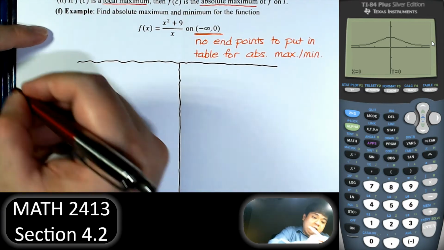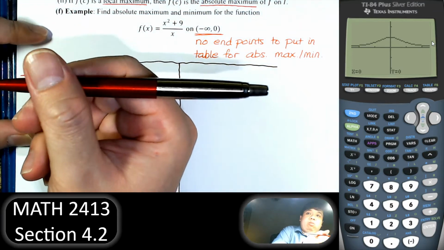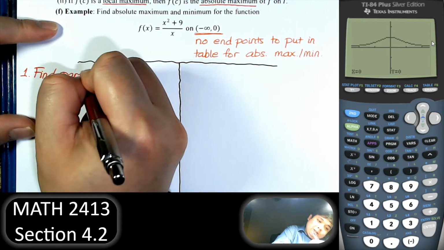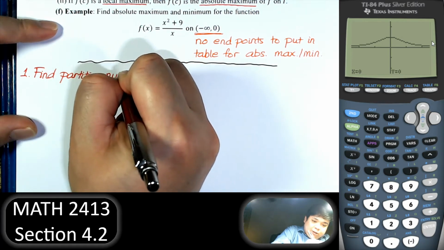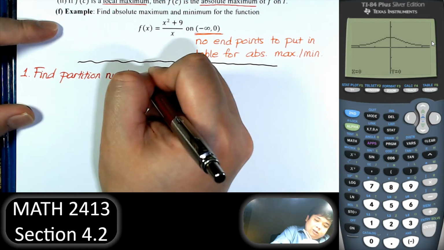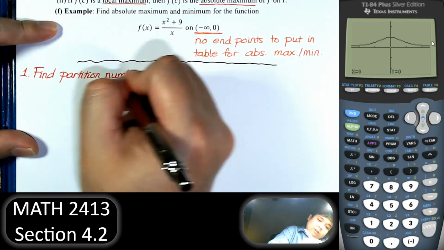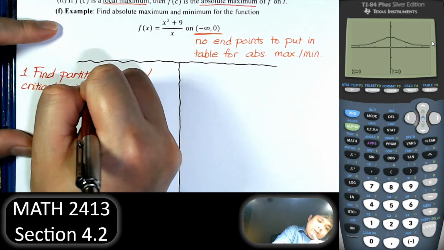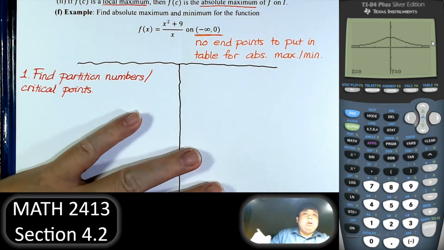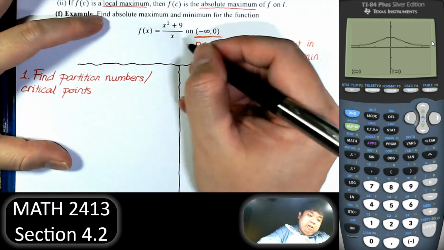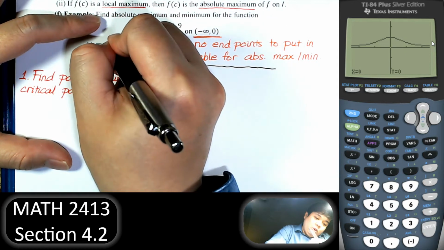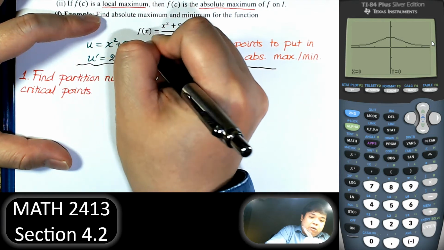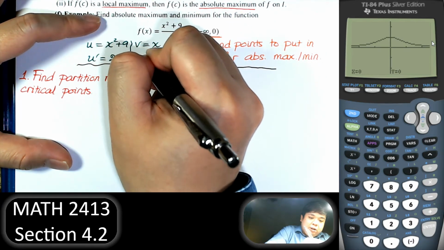First step, of course, is find partition numbers or critical points. Because we still take the derivative at the first step. Right, u is equal to x squared plus 9. Derivative is 2x. v is x. Derivative is 1.